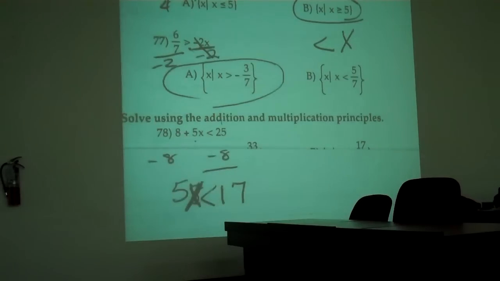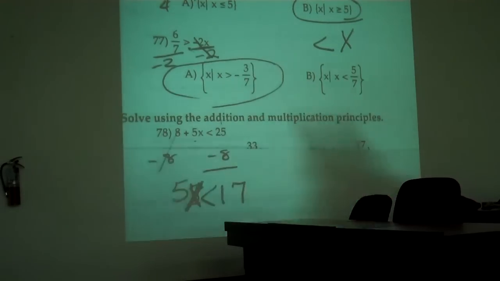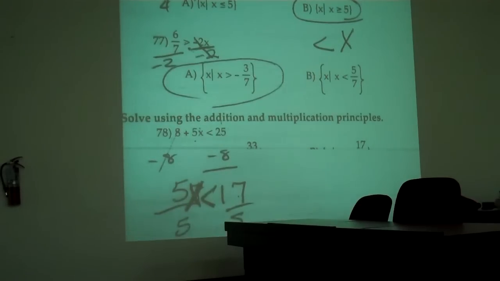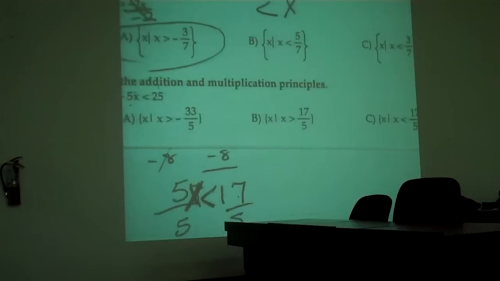I was wondering why I had that. 5x, 8 minus 8 cancel. We brought 5x down, less than 17. So divide by 5, x is less than 17/5. Okay? That would be C.